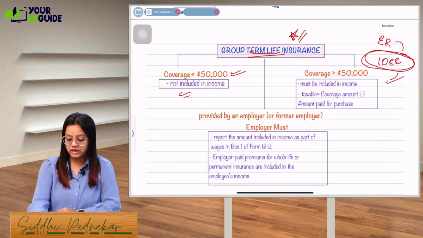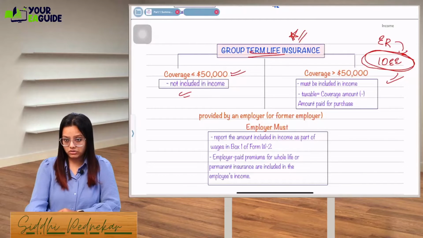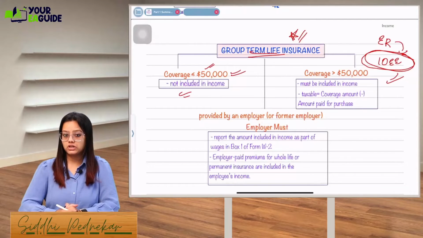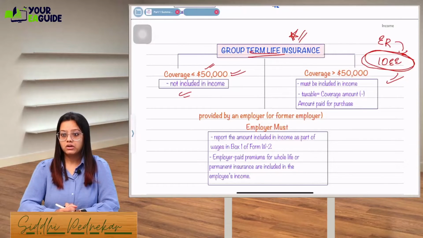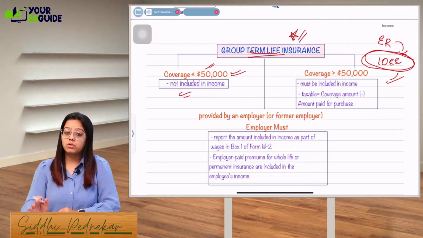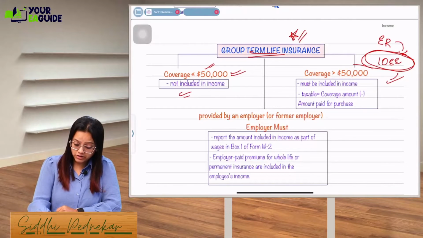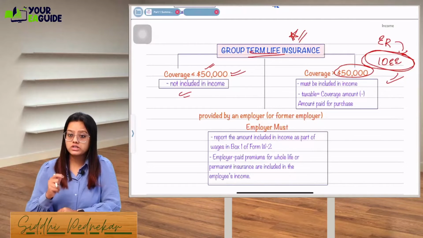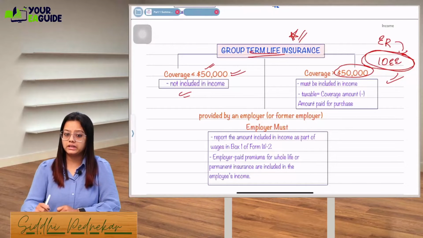Any benefit given by the employer to the employee will be included in the income, but because it's a term life insurance and if it is within 50,000, it is not going to be included in the income. Got it, guys? But if it is more than 50,000, meaning the cost incurred by the employer is more than 50,000, then it will be included in the income.